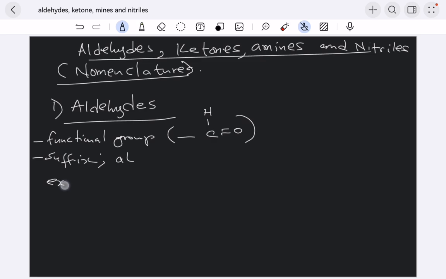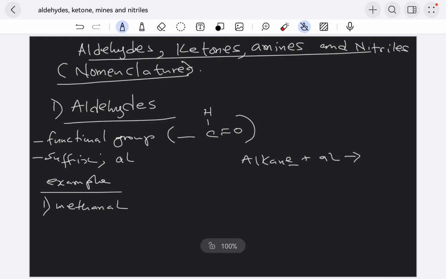For example, the first one in this case will be called methanal. So it's just an alkane plus this, and then we drop the E, and then it becomes an alkanal.